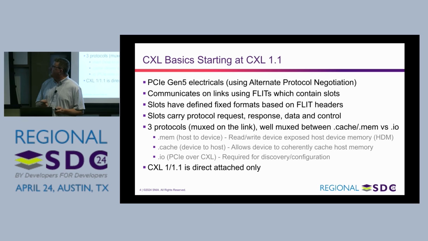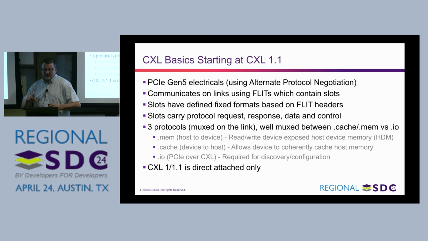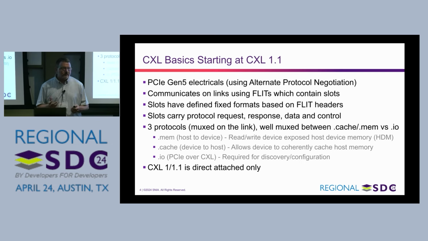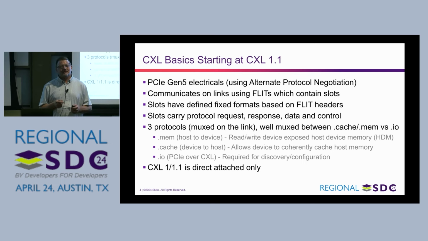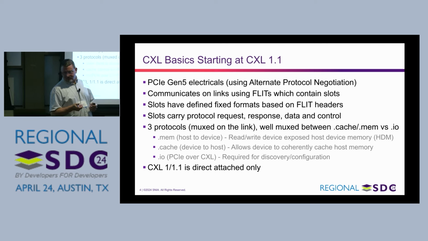It communicates using flits, which contain things called slots. What is a flit? Well, it's not actually ever defined in CXL. I assume it means flow unit or flow control unit, but they don't actually define it. The flit is used as the fundamental communication unit, I guess you'd call it a packet, that goes on a link, and those contain slots.